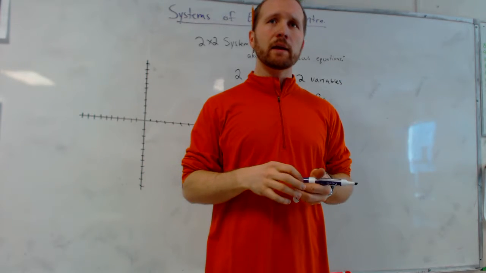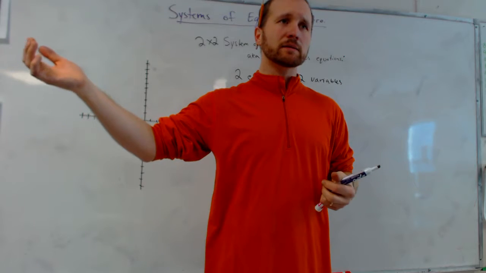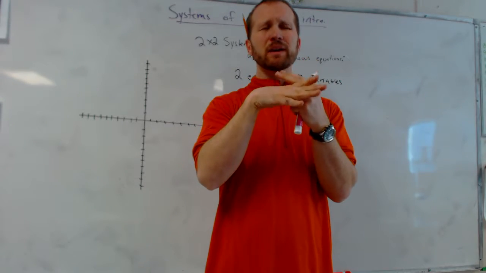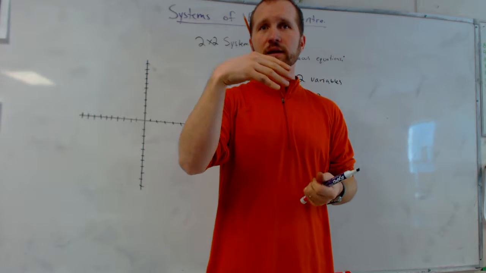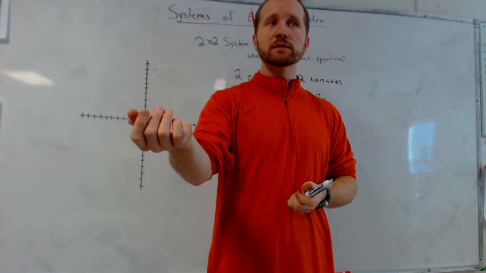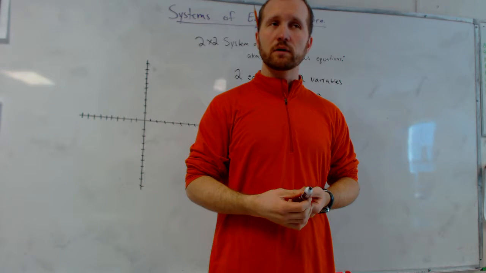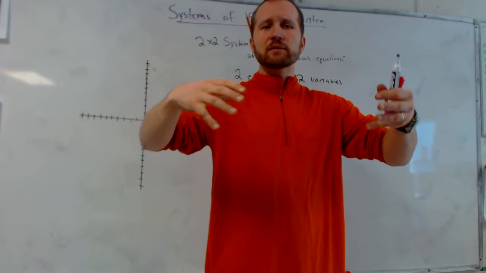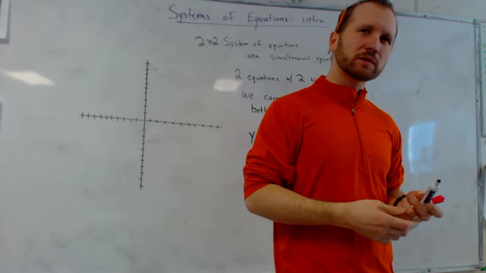And then we maybe know the total number of people at this carnival, and by combining those two pieces of information, we can create a system of equations that tells us exactly how many adults and exactly how many children were at the carnival. So it's this idea of combining different pieces of information to solve for two different variables.